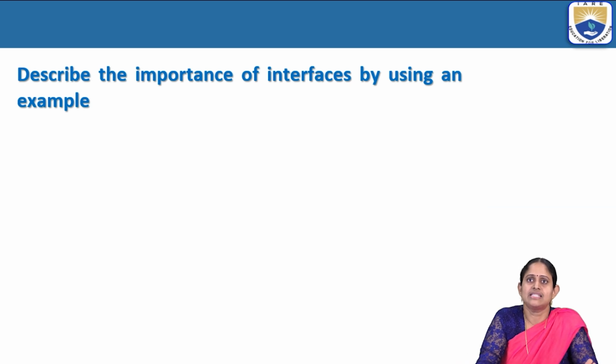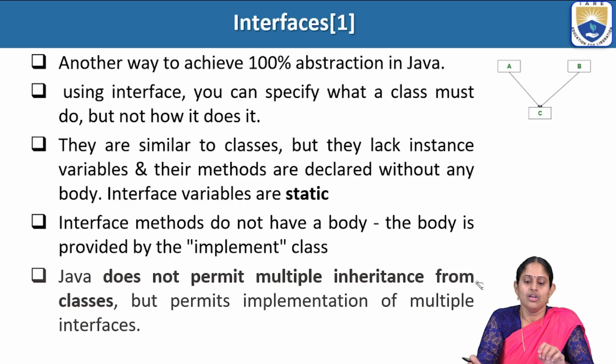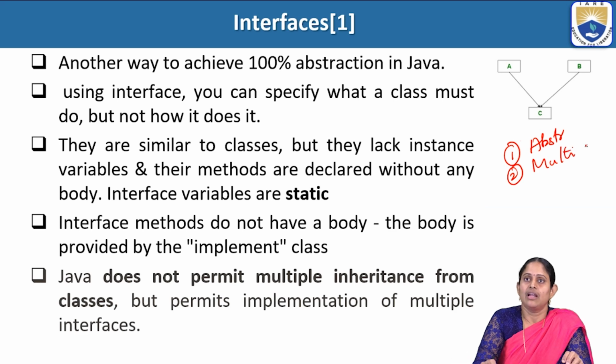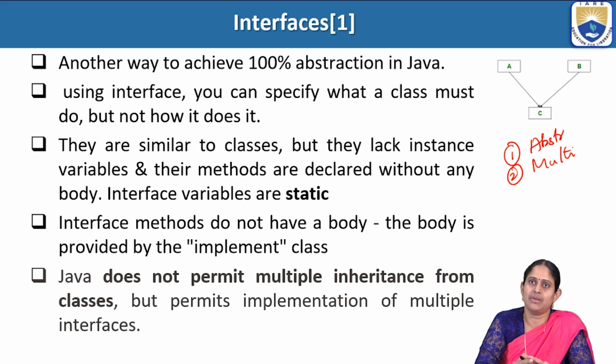Next question. Describe the importance of interfaces by using an example. Interface is mainly used to provide abstraction. Two things are achieved: to provide abstraction and to implement multiple inheritance. Now, abstraction can be achieved by using abstract classes or interfaces.